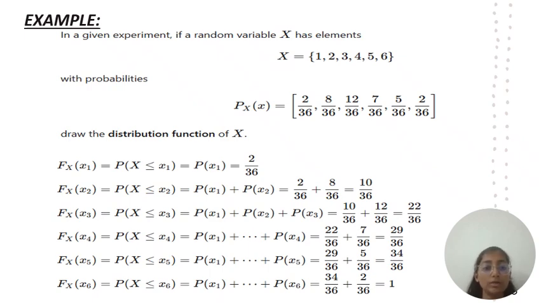Here we are going to add both the probabilities, x1 and x2, and we get 10 by 36. Next, F_X(x3) equals P(X ≤ x3). Here we are going to add the three probabilities, p(x1) plus p(x2) plus p(x3). We are going to get 2 by 36. Like that, we calculate up to the F_X(x6) value.